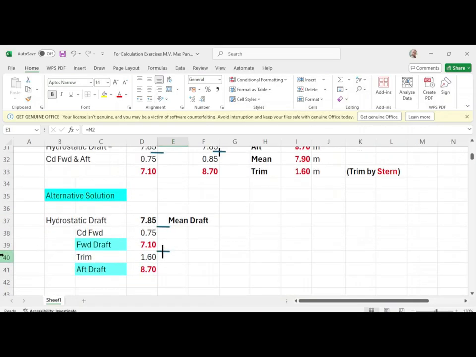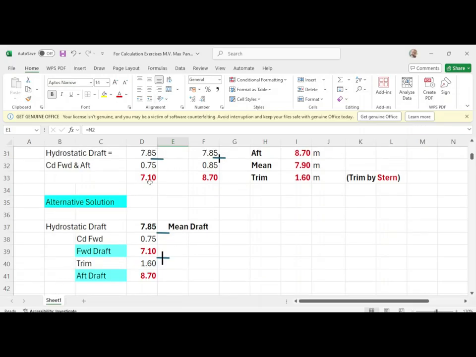and here's another solution. The alternative solution is to take the hydrostatic table of your mean drop of 7.85. Add your forward correction, which is 0.75 minus, because it rises up, then your forward drop is 7.10, which is the same as here.